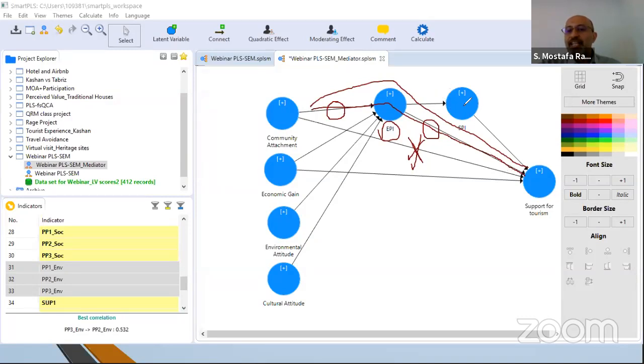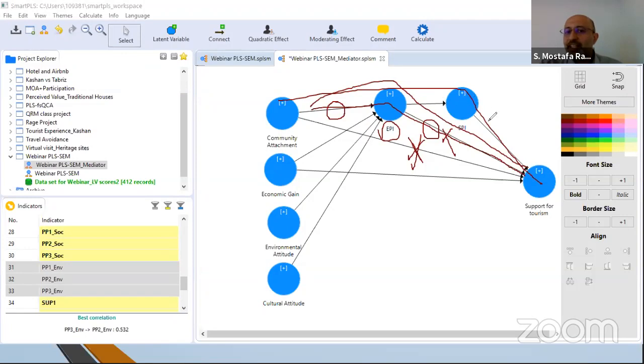When you add another variable here, you have two variables. So you have a serial mediator for this indirect effect. You say community attachment has an indirect effect on support through EPI and SPI. Now, you don't talk about this relationship, or this relationship. You say part of this effect transfers to support through these two together.